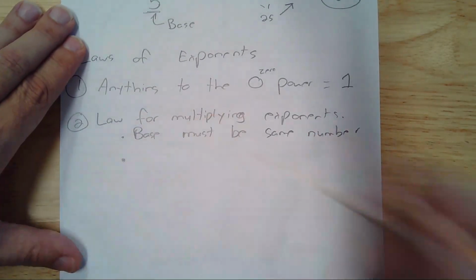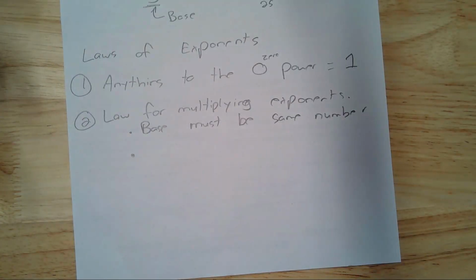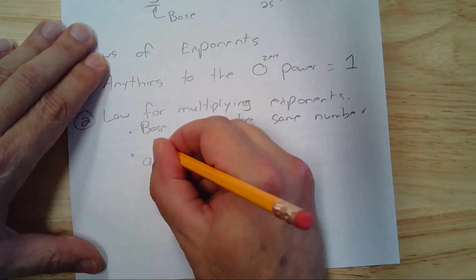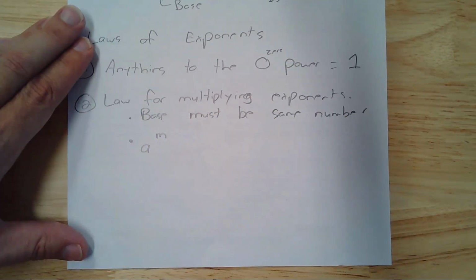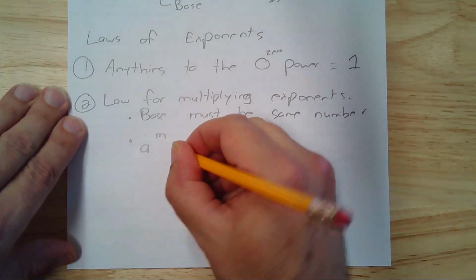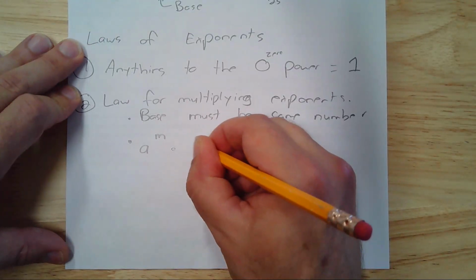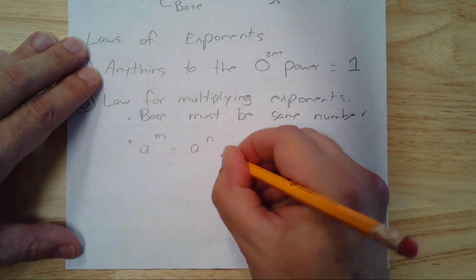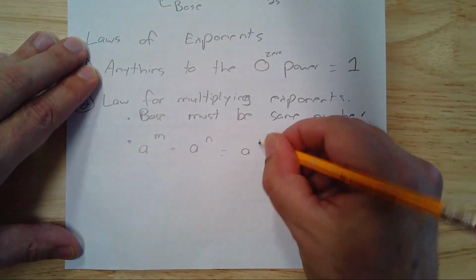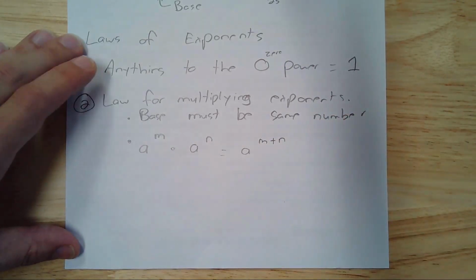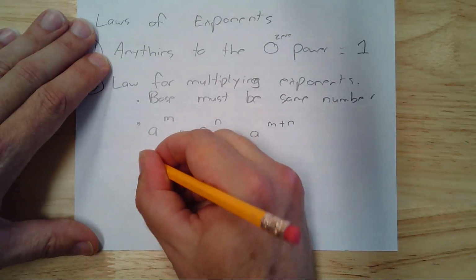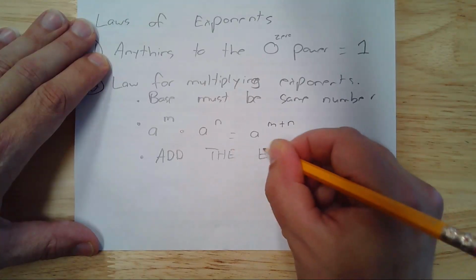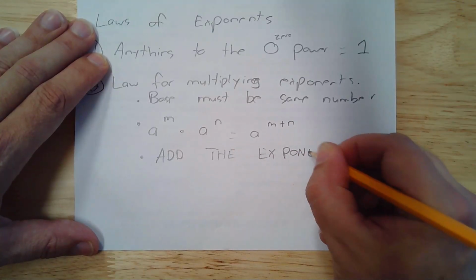So whatever the base is, I'm just going to call it A. Okay? So A to whatever power it may be times the same thing, A to whatever power that is, equals whatever the base is, and we add the exponents. This is going to be the whole key here.